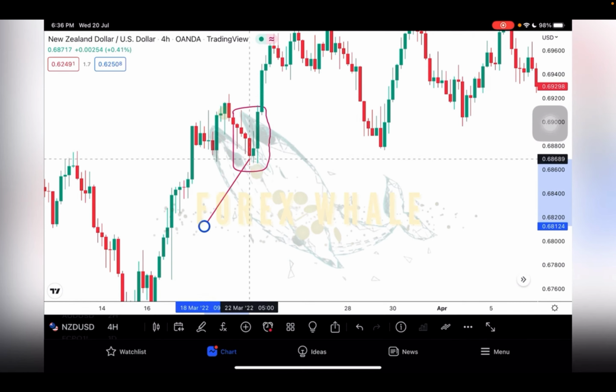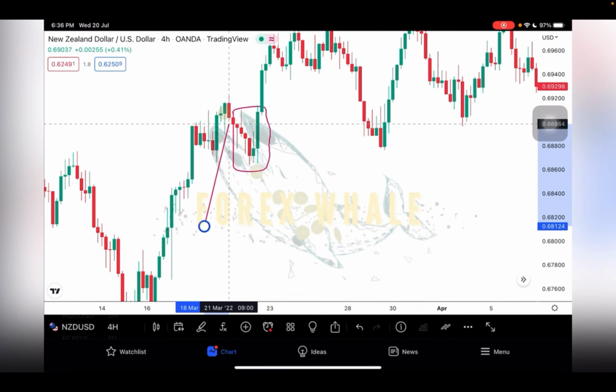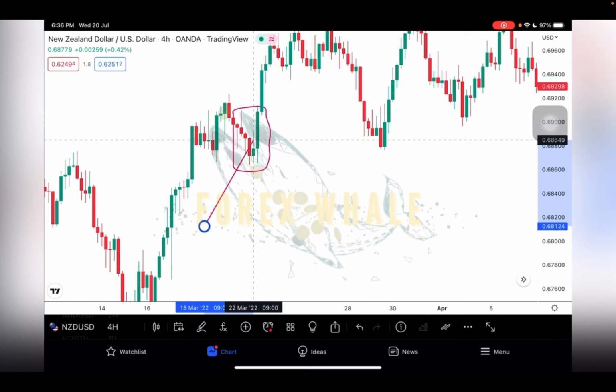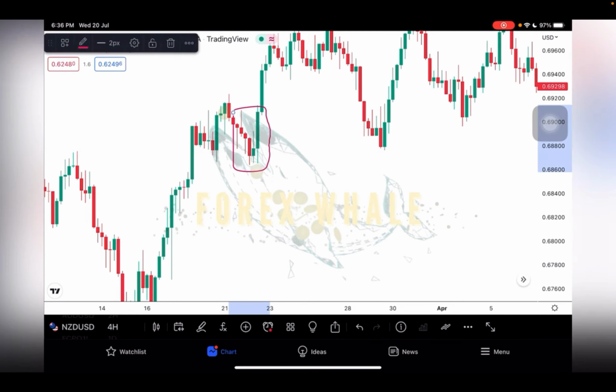I think the entire bearish candlestick here is being engulfed by this body alone. So it doesn't have to be green and then the previous one must be red. Nah, for as long as the body is bigger and it engulfs the previous candlesticks, you can still place your trade. It's the same thing.